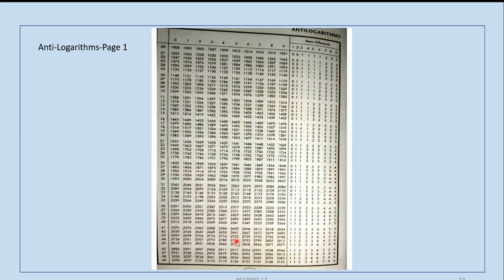Right? So this is the procedure of using logarithms and anti-logarithms. Hope you have understood, because I have not used any board for showing you the demonstration. If you have not understood, you listen to this part of the lesson again so that you can understand.